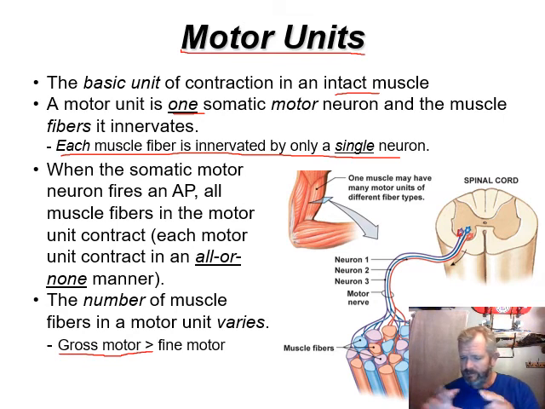I don't need fine dexterity, but I've got to get force. Then I would have motor units that have many muscle fibers in them. Whereas where I need fine motor movements, say in my fingers, I need to activate different motor units very quickly. I would have a very small number of muscle fibers in the motor units that control the muscles in my hand. Okay.